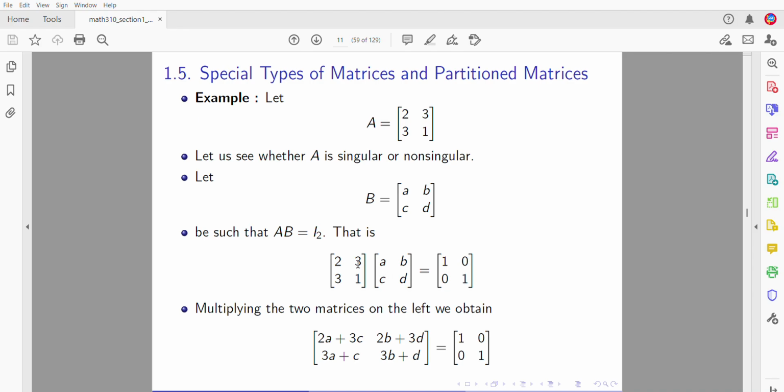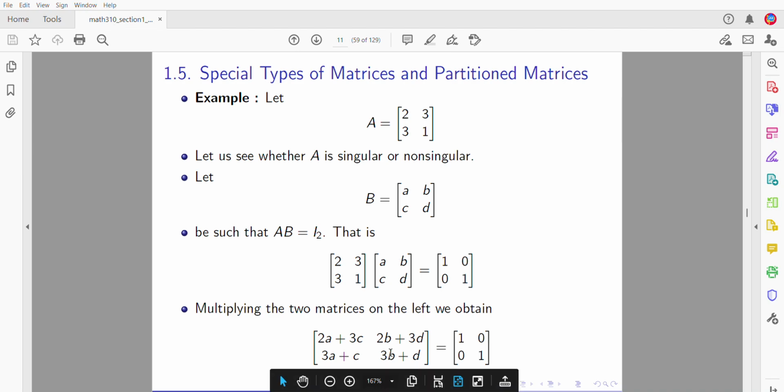2 times a plus 3 times c, that's the 1, 1 entry. 2 times b plus 3 times d, that's the 1, 2 entry. 3 times a plus 1 times c, that is the 2, 1 entry. 3 times b plus 1 times d, that's the 2, 2 entry.